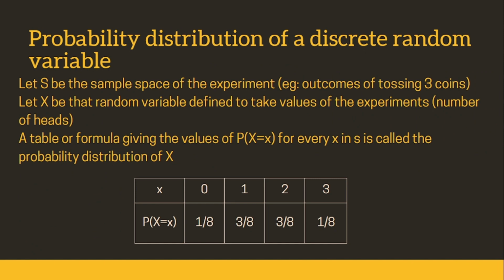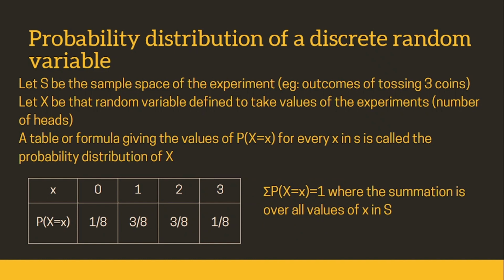So another question: let S be the sample space of the experiment, such as the outcome of tossing 3 coins. We let X be the random variable defined to take values of the experiment, the number of heads. A table or formula can be given for the values of X, and this is called the probability distribution.